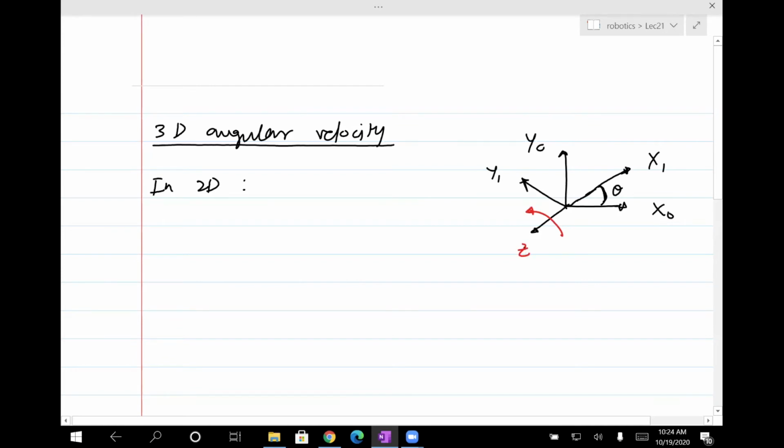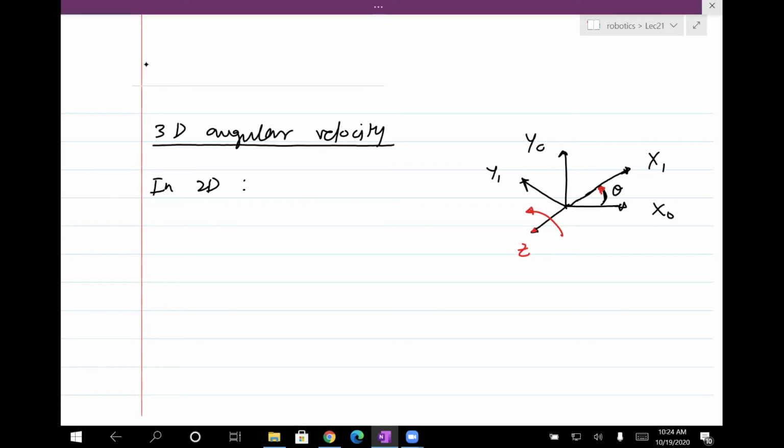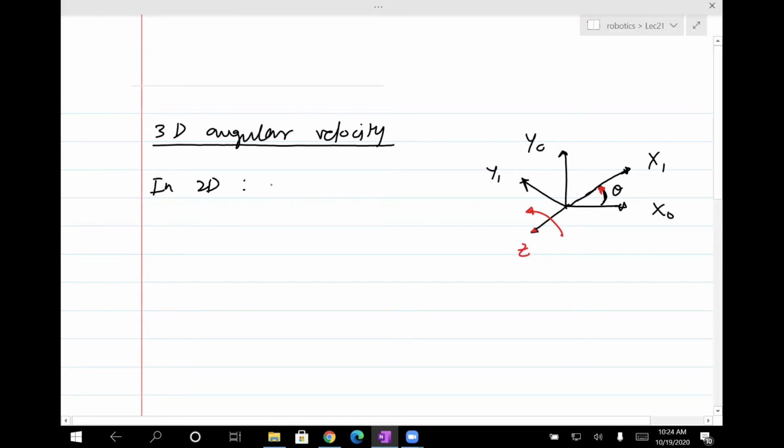So if you curl your fingers and point your thumb along the positive z-axis, your fingers will turn in the direction of theta. So the angular speed was omega z. I'm going to use vector notation. I've not introduced it in the class, but I'm assuming that you would remember. Actually, I'll do a little bit of vectors later today.